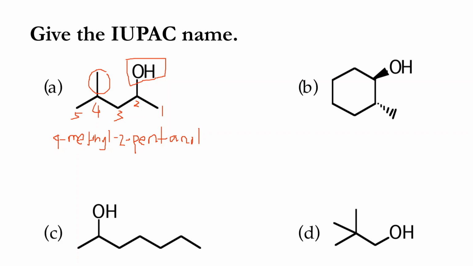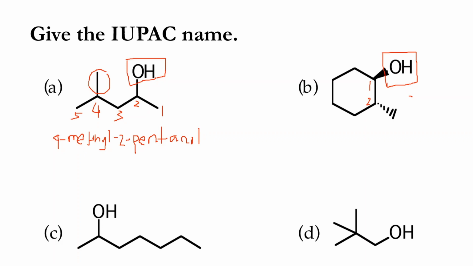We have here a closed chain of carbon. So this OH is automatically bonded to carbon 1. What about the other? You number the chain, in this case clockwise, because it may be counterclockwise depending on which direction will give you a lower number for the substituent. So the substituent is closer when you number the chain clockwise.